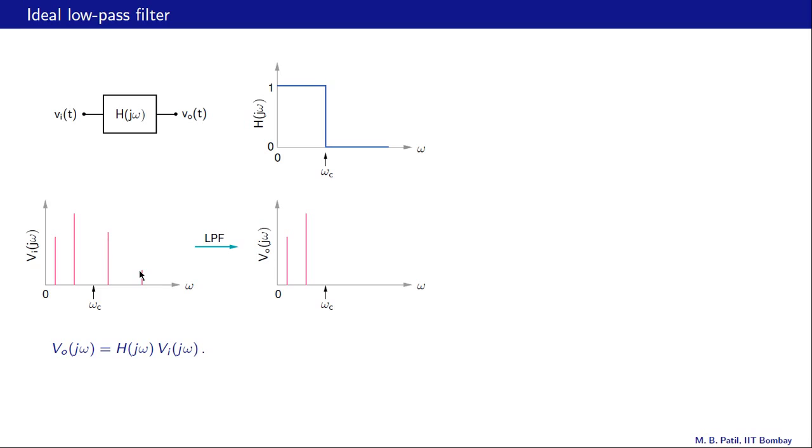Now if we pass this through a low pass filter with a cutoff frequency omega c located here, then it will pass these two components but block these two, because these two will get multiplied by 0, these two will get multiplied by 1. So our resulting output in the frequency domain will look like this, where the high frequency components have been eliminated.